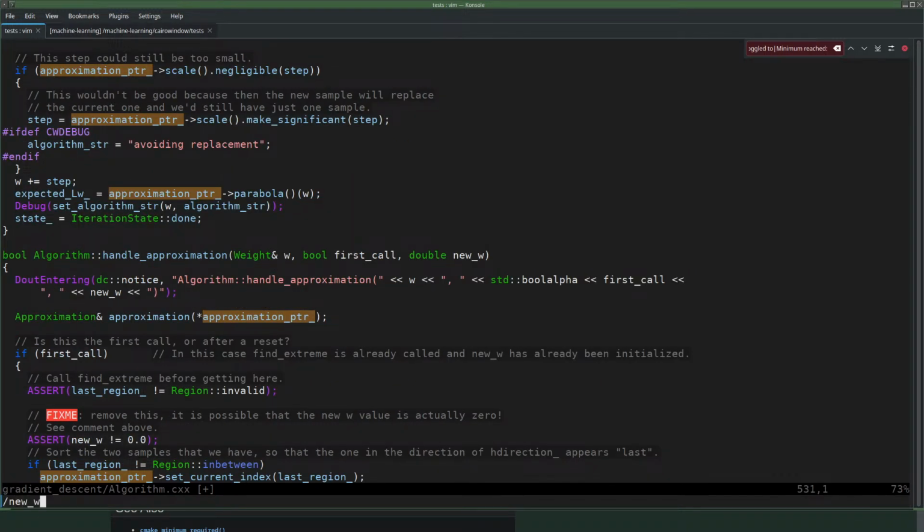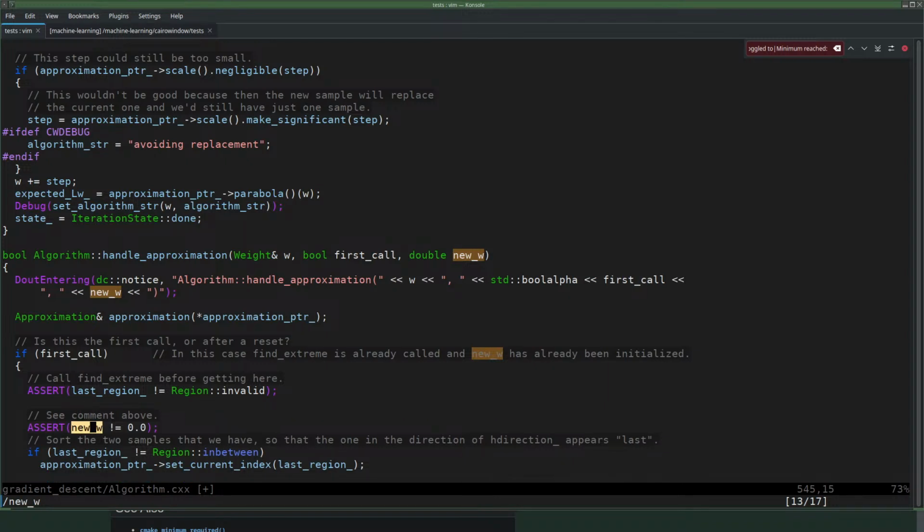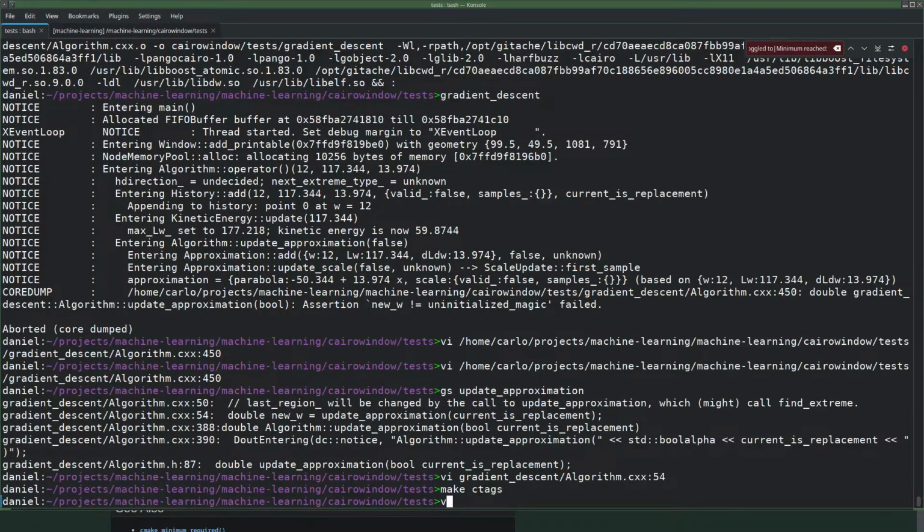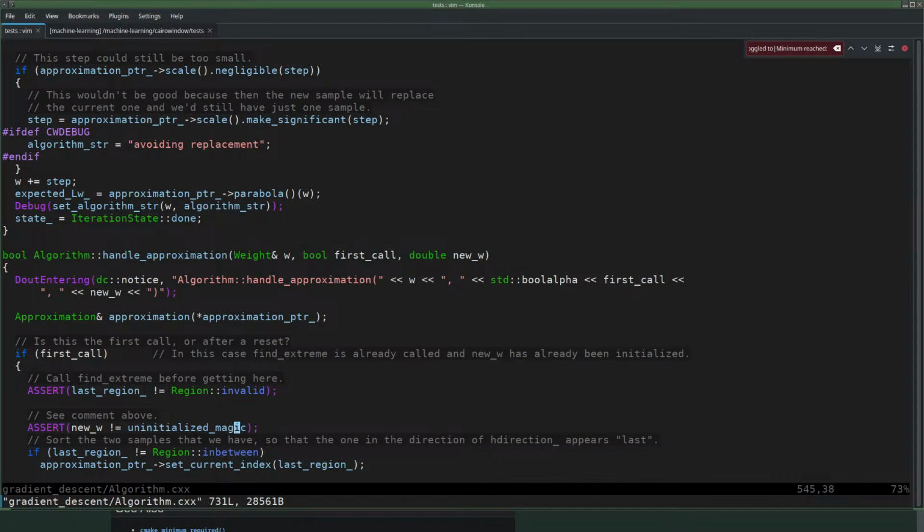So here I'm using new W, I'm printing it, which is kind of stupid. Okay. Is unequal, initialize the magic, was it? Apparently.